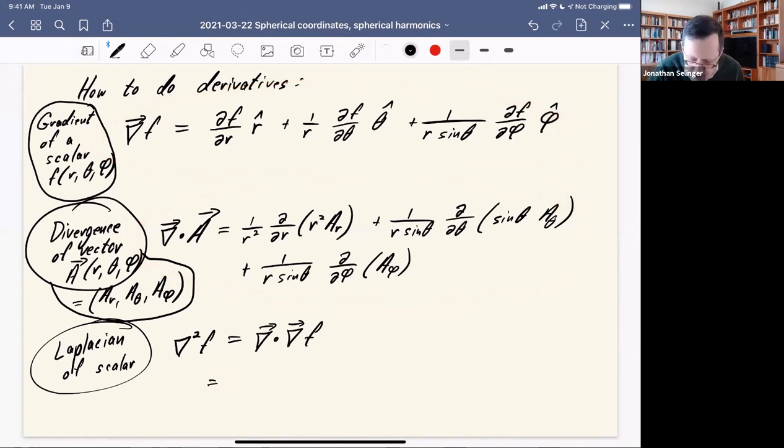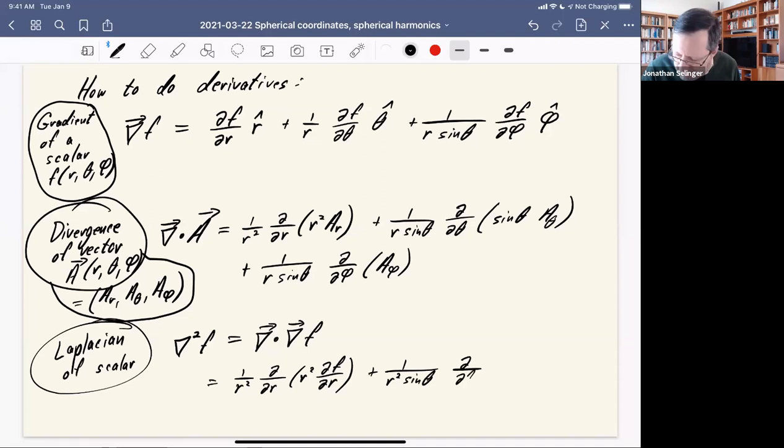If we do that combination, we get 1 over r squared d by dr of r squared df dr, plus 1 over r squared sine theta d by d theta of sine theta df d theta, and 1 over r squared sine squared theta, excuse me, then the second derivative, d2f d phi squared, like that.